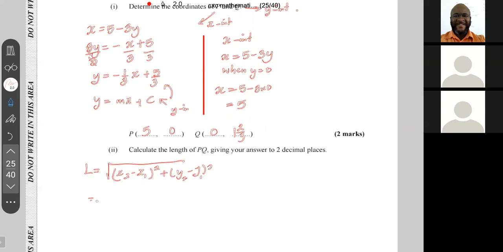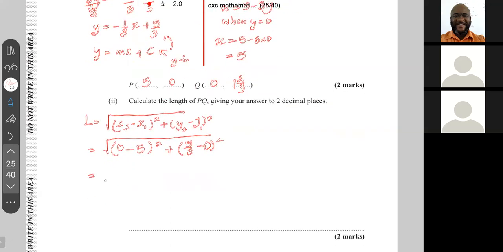So L would be x2, which is 0, minus x1, which is 5, squared, plus y2, which is 5 over 3, minus y1, which is 0, squared. So this is the square root of 5 minus 5 squared plus 5 over 3 squared.